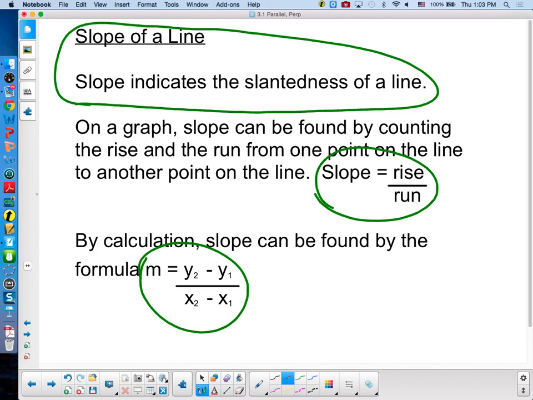No, you're doing X's. Y's are on top. Y2 minus Y1 over X2 minus X1.